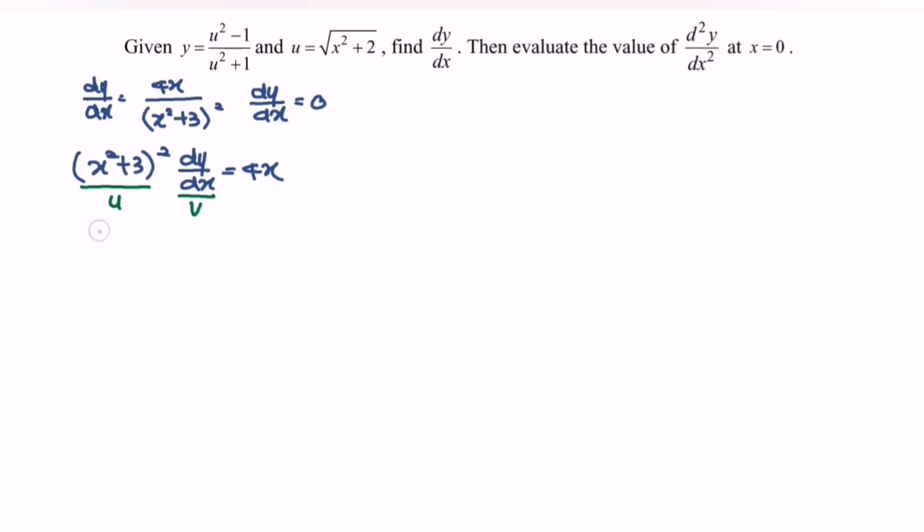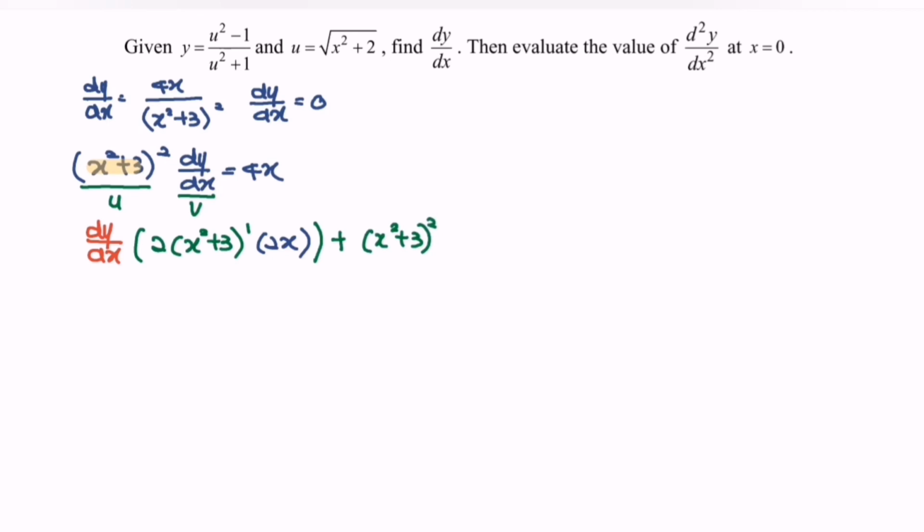Differentiate the situation. We will have 2 bracket x squared plus 3 to the power of 1, multiplied with the differentiation of x squared plus 3, which is 2x, plus next we copy x squared plus 3 to the power of 2.